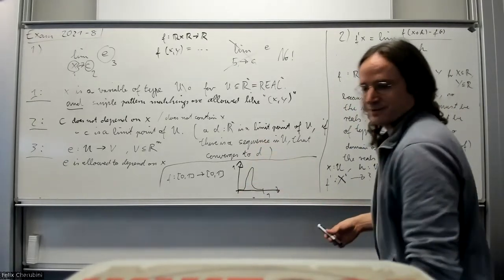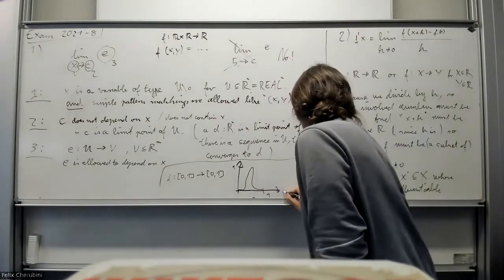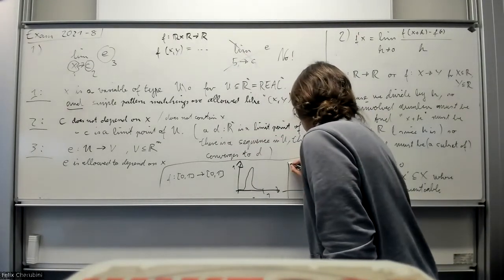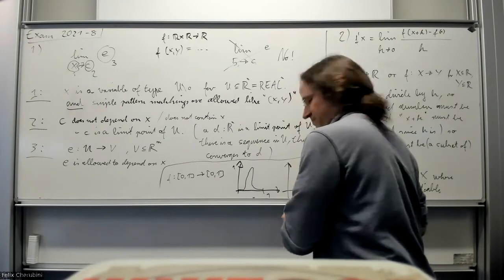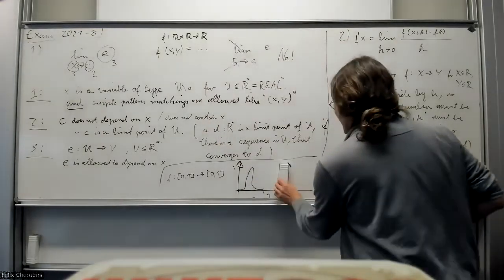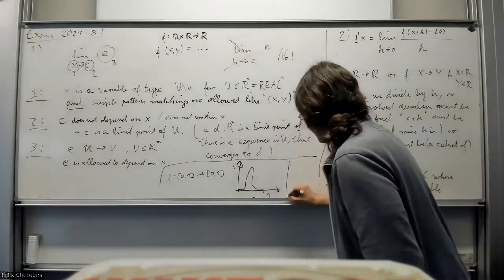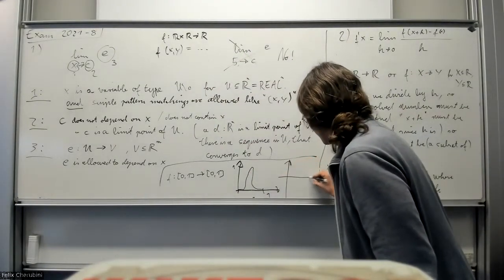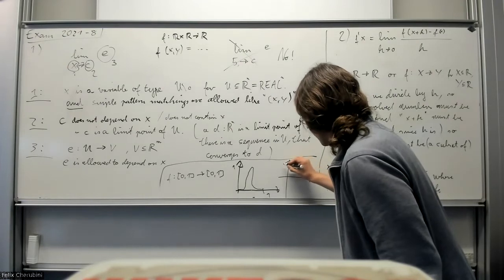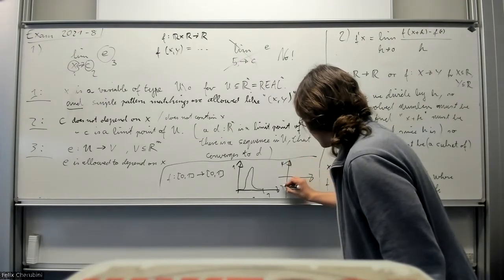So the derivative will look something like, not fitting into this graph. So it will look like this.